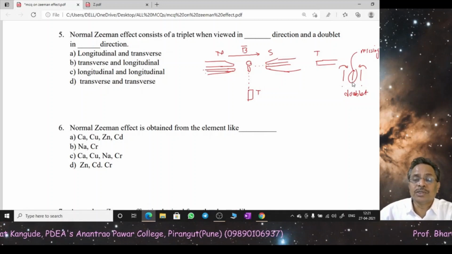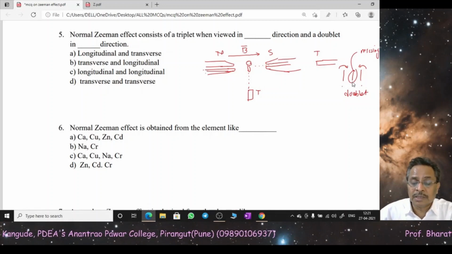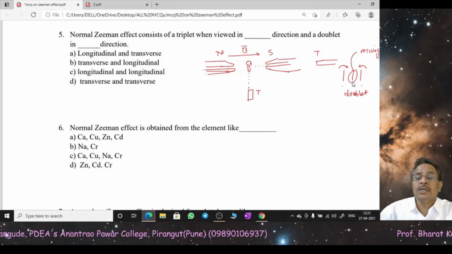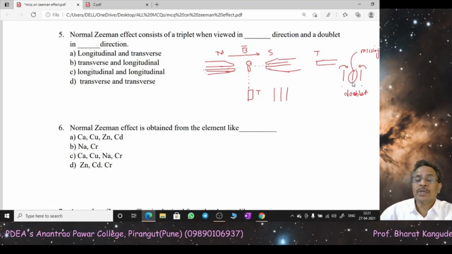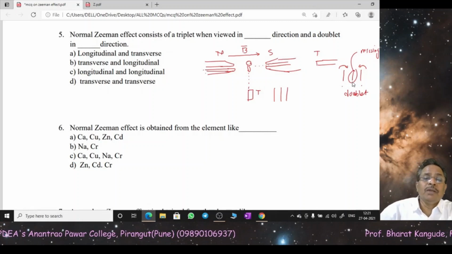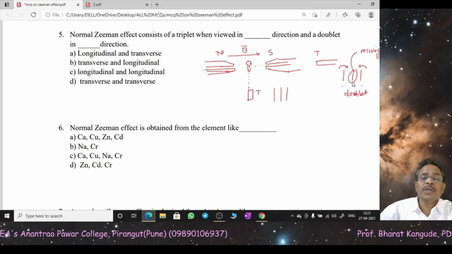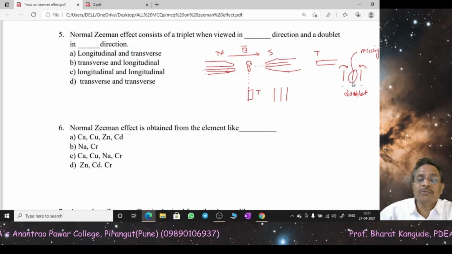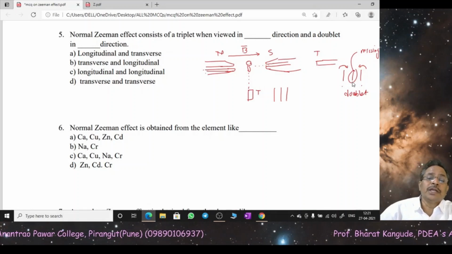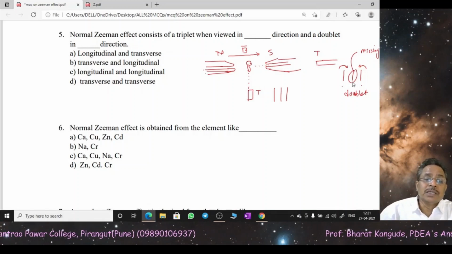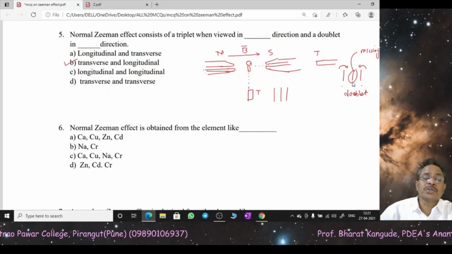Whereas if it is viewed in the transverse or perpendicular direction to the magnetic field, three lines are observed, as usual in the Zeeman effect. So a triplet is observed in the transverse direction, and a doublet in the longitudinal or parallel direction. That's why option B is the correct option for question number 5.